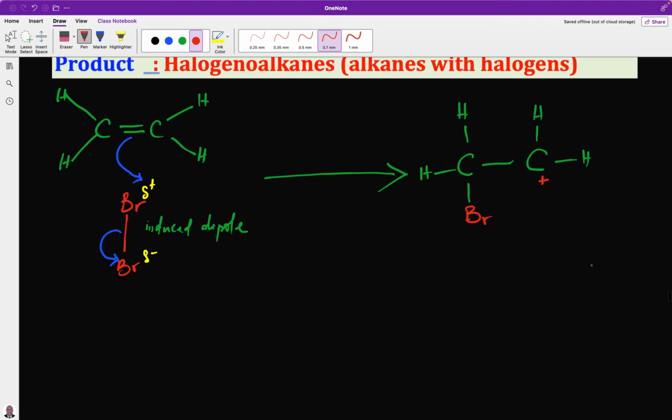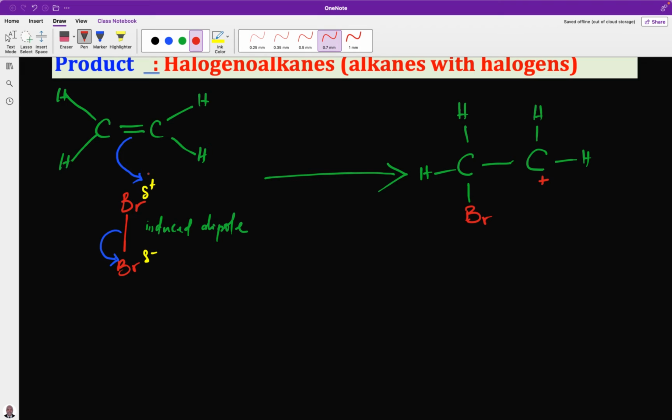So once more, the bromine molecule is a non-polar molecule. Now around the carbon-carbon double bond there is a cloud of high electron density of the pi electrons. So as the bromine molecule approaches the ethene molecule, what happens?